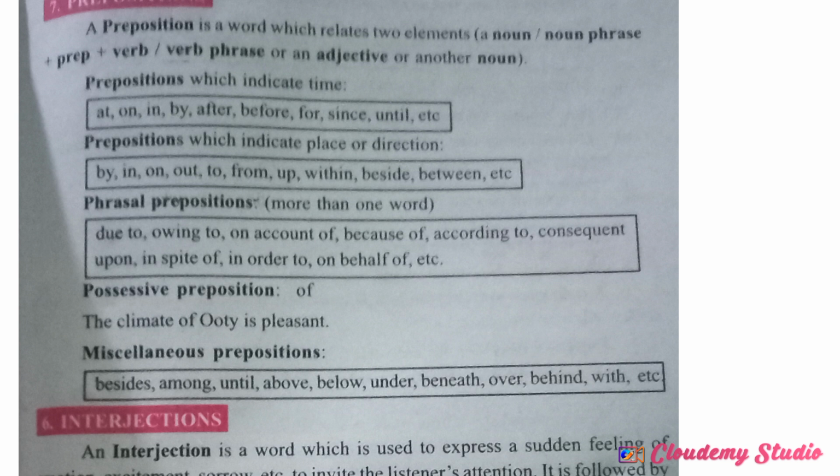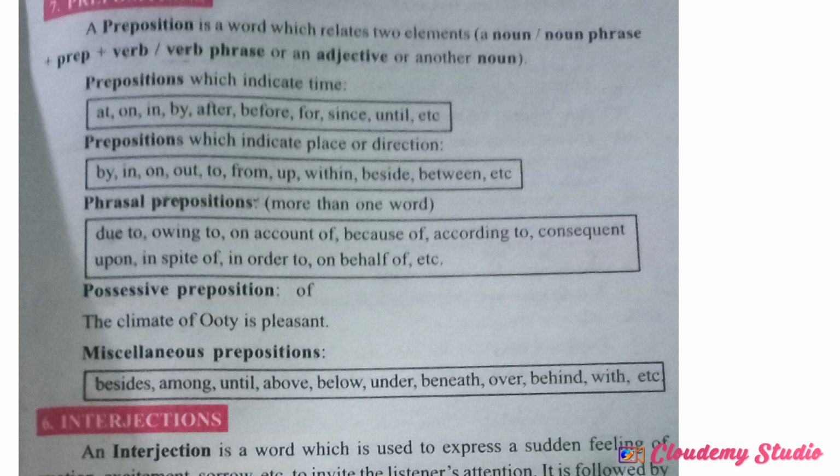My school is from 9 a.m. to 3:30 p.m. Please come up. Don't think within the limits. Think beyond the box. Beside: there is a window beside the main door. There is a quarrel between two friends. So these are the words which give out the information regarding the place or direction.